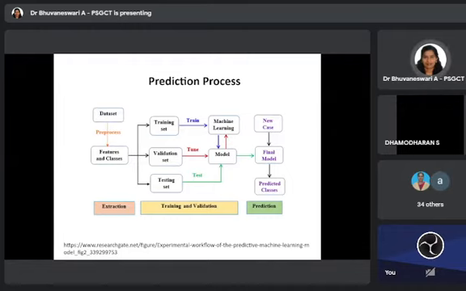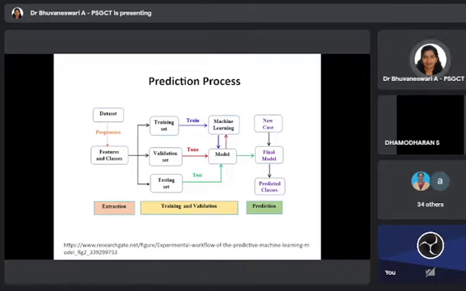whatever information is required. The first set is used to train the model. The training can be, as I said, a machine learning algorithm or a deep learning model or a reinforcement model or any other model. We'll see what are the different models that can be applied.